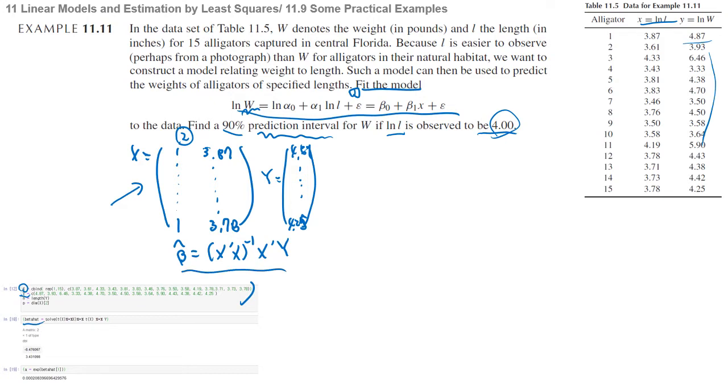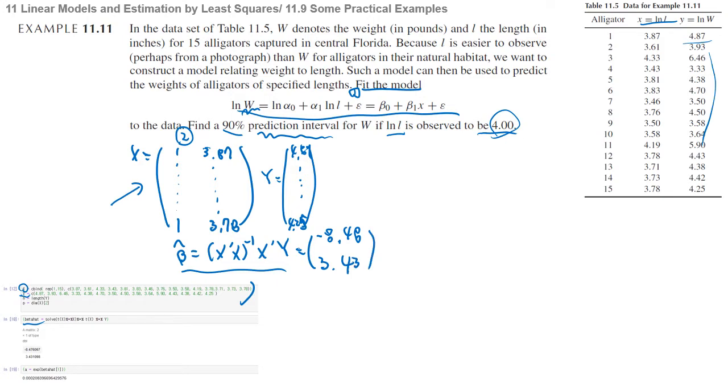As a result, our beta hat is minus 8.4748 and 3.43.